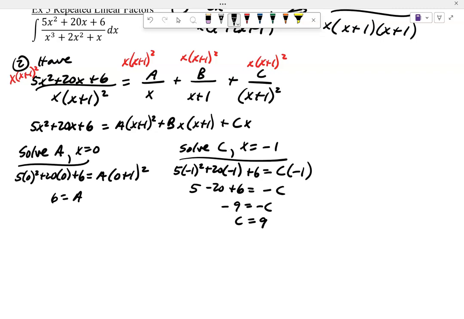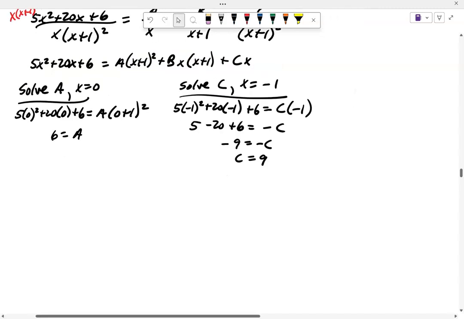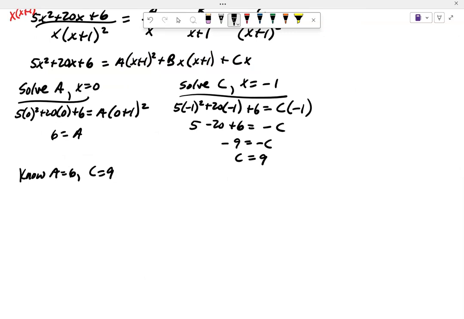And there's not a convenient value. Notice to solve for B, right? There's no convenient x value to plug in for B, but I could do A and I could do C, and now I know A and C. We know A is 6 and C is 9.